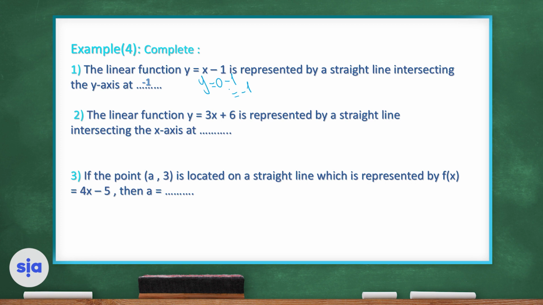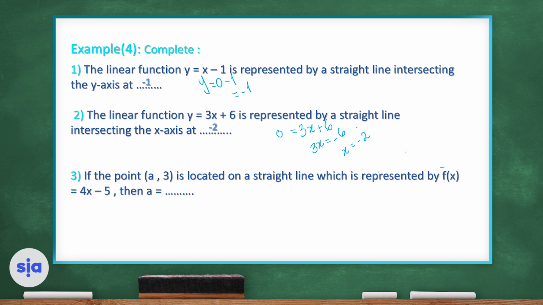So in this question, it is intersecting the x-axis, so you replace y by 0. 0 equals 3x plus 6, so 3x equals negative 6, x equals negative 2. So the straight line is intersecting the x-axis at negative 2.